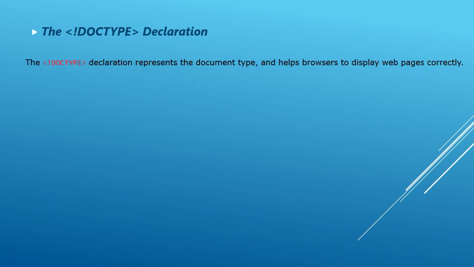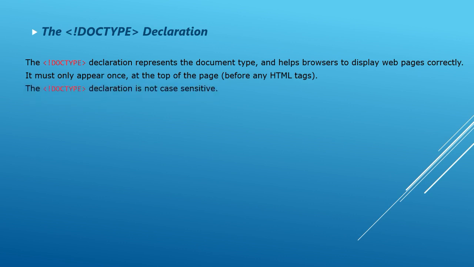Next we are going to learn about the doctype declaration. The doctype declaration represents the document type and helps browsers to display web pages correctly. It must only appear once at the top of the page before any HTML tags. The doctype declaration is not case sensitive. What does case sensitive mean?